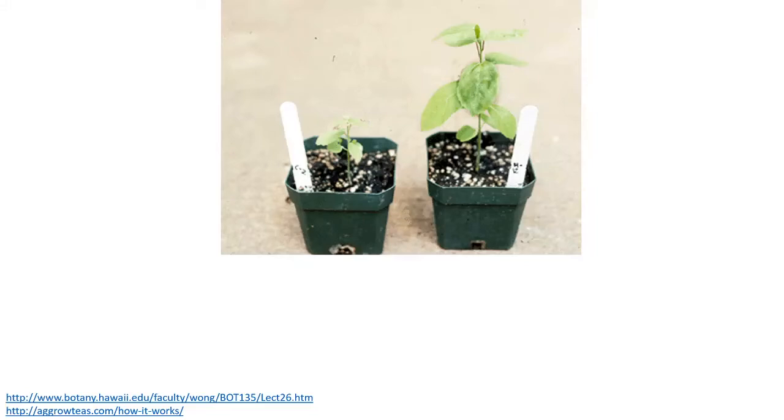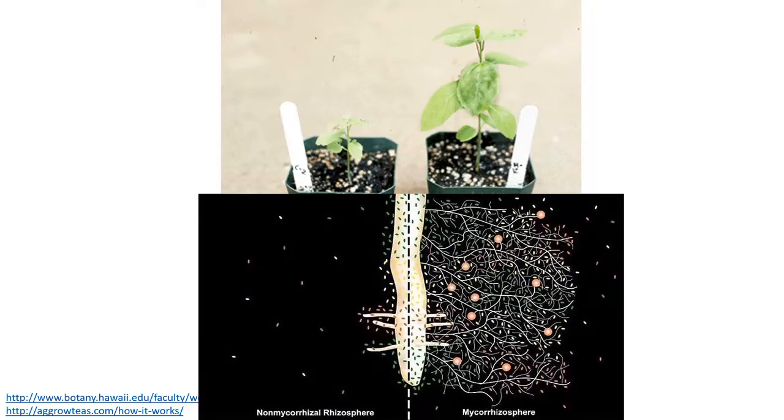Here, in the picture on the left side, you see a plant. Basically, both plants have been planted at the same time. On the left side, you see a plant which does not contain any mycorrhiza, which is the fungal spore, the fungi added to this pot, while on the right side there is a plant which contains this mycorrhizosphere.